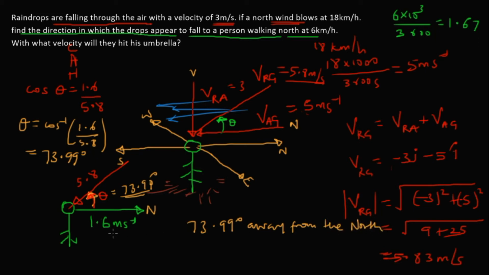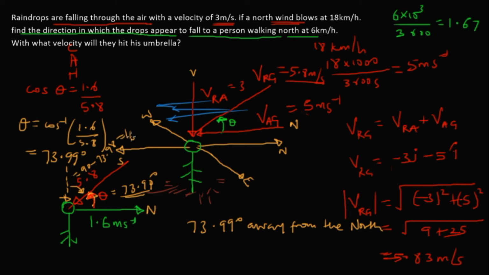Or more precisely, we can do it like this. Since the rain is supposed to fall vertically this way, and since this angle is 73.98, we can find this other angle by saying 90 minus 73.98. So 90 minus our former answer will be 16 degrees.